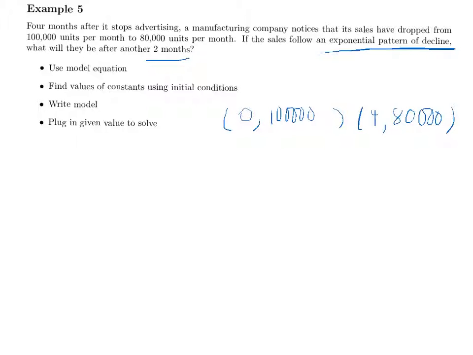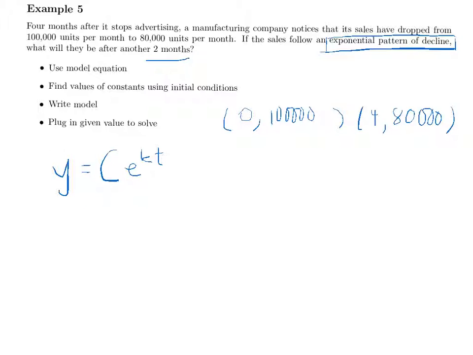If it follows an exponential pattern of decline, what function do we use? y equals Ce to the kt. I'm sorry, hold on a minute. 4 months after it stops advertising, it drops from... okay, after another 2 months.